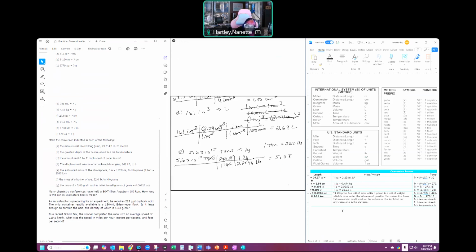I wrote it like this, times 10 to the 18th, and that would be kilograms, but I should have reported this instead as 5.1 times 10 to the 18th kilograms. Okay, so cool with that. And of course, now that I've crossed this out, I need to initial and date.